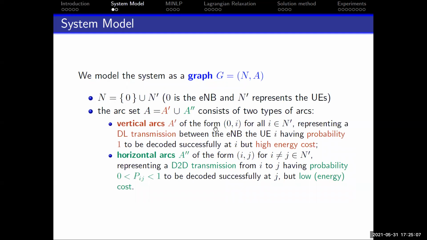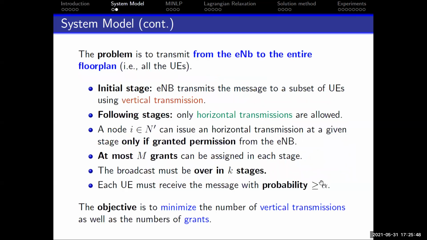Vertical arcs A first correspond to downlink transmissions from node 0, the antenna, to any user equipment i in N prime. These transmissions have probability 1 of being decoded successfully, so they are fully reliable, but are very costly. Then arcs in A second, the green ones, are horizontal broadcast transmissions ij, where i and j are user equipments, with i different from j. These are device-to-device transmissions, which are not fully reliable, so they have probability less than 1 of being decoded successfully, but they are rather cheap, with low energy cost.